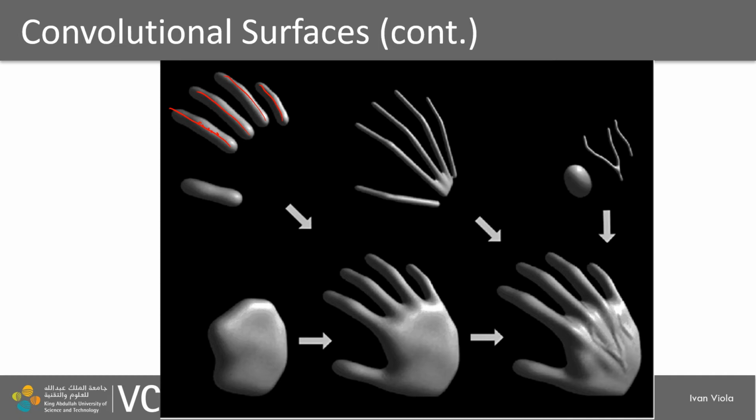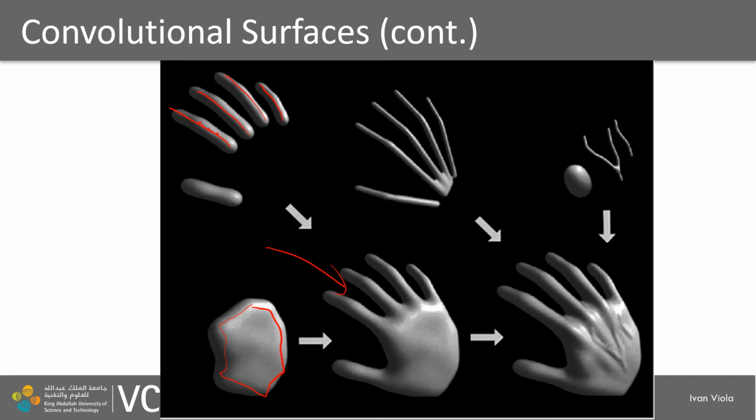So we can see that we have individual elements for individual fingers. Then we have some surface, which could be represented either as a set of triangles or maybe as a surface patch, a parametric surface, which is the skeletal element used then as a convolutional surface generator. And putting these two together, we will have a simplified representation of a hand.